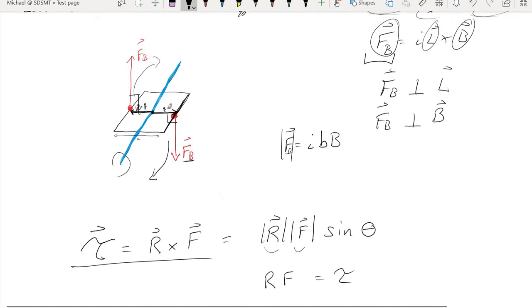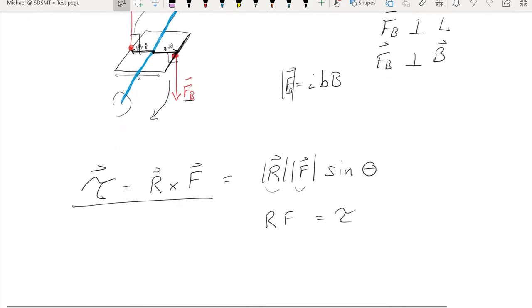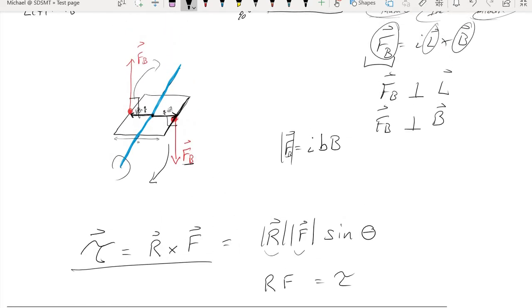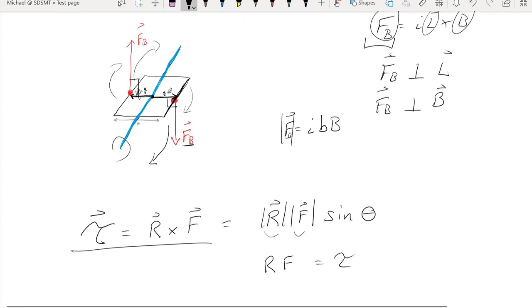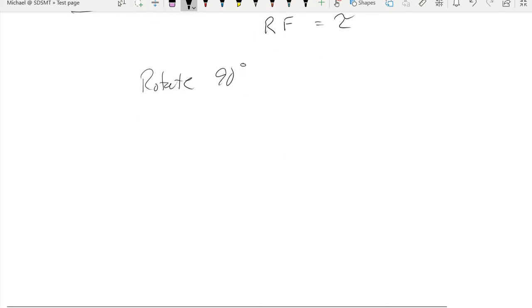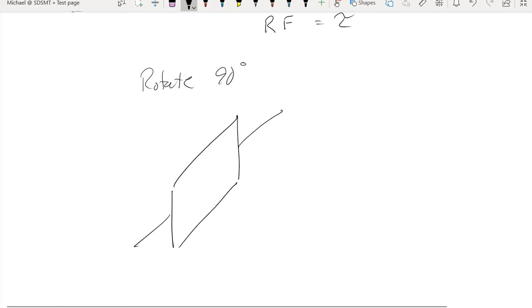But what happens when this coil starts to rotate? What happens when this coil rotates, let's say, 90 degrees? So we're going to allow this coil to rotate 90 degrees. And when that happens, our picture is now going to look something like this.